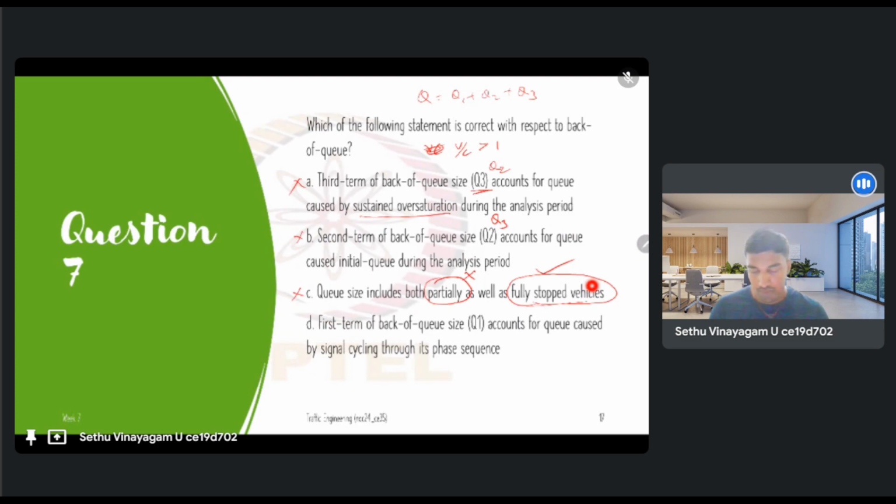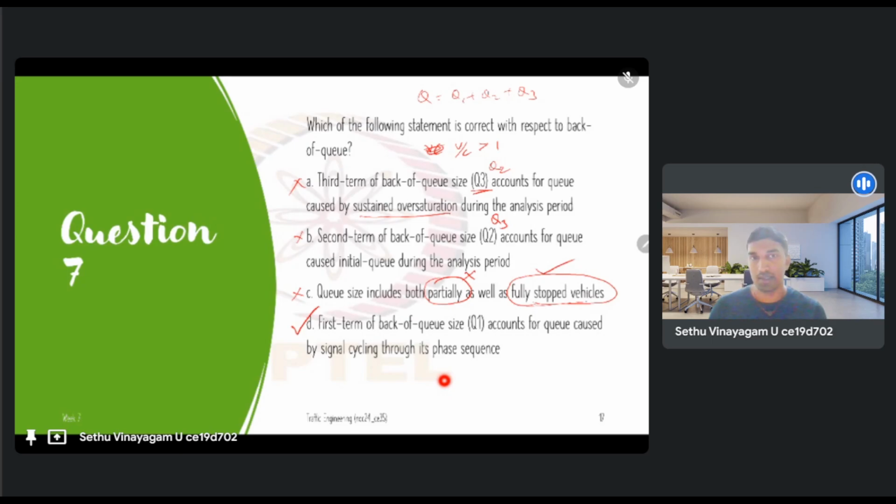So finally, we have first term Q1, which accounts for the Q caused by the signal cycling through its phase sequences. So this is correct. Because of the change in the signal indications on the different phases, we will have some queues forming. If all the vehicles were not able to cross through in that particular phase, we will have some queues forming.